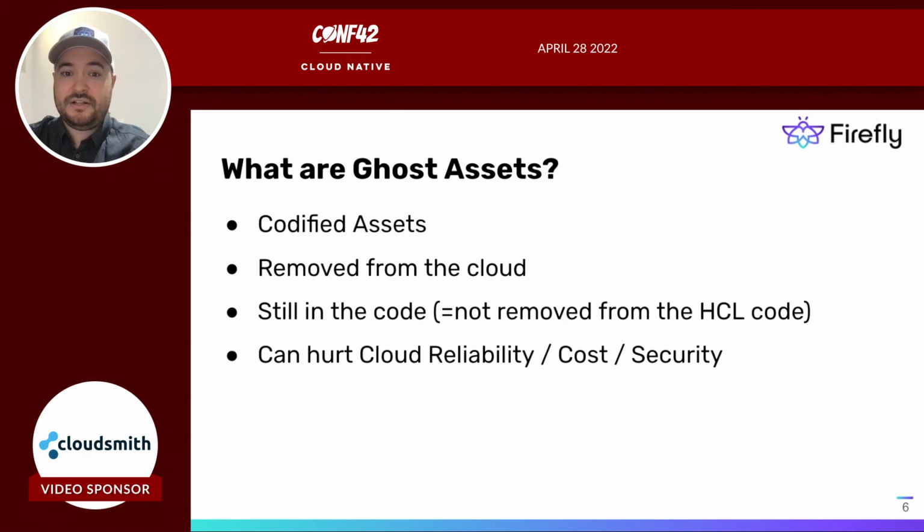But because they were initially created with code, they are still in the code itself and in the state file, which refreshes once you apply your code again. These assets are what we call ghost assets. They can hurt cloud reliability by causing downtime or production issues, creating redundant costs, and generating security issues.